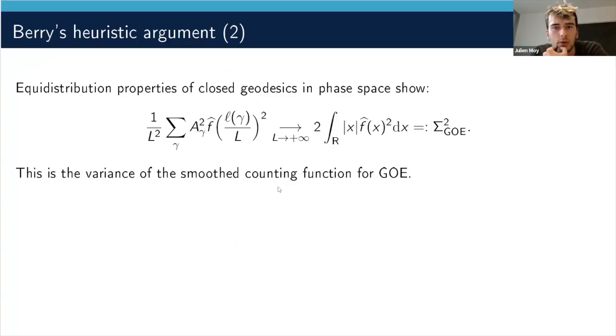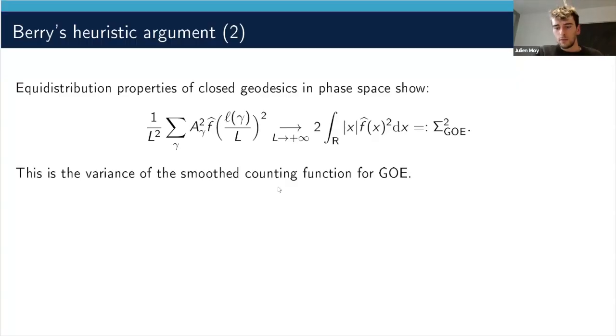I don't think I will have time to explain this computation, but what is quite impressive is that it can be computed and you find a limit when the length L goes to infinity that is independent of the surface that we were working on. And what is nicer is that the limit that we find is the variance that one obtains when computing the smoothed number variance for the Gaussian orthogonal ensemble.